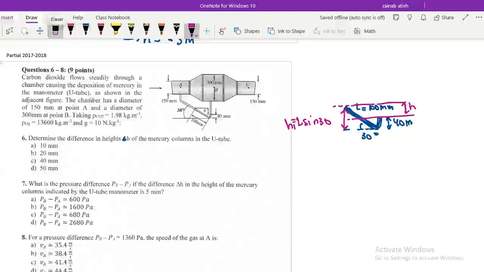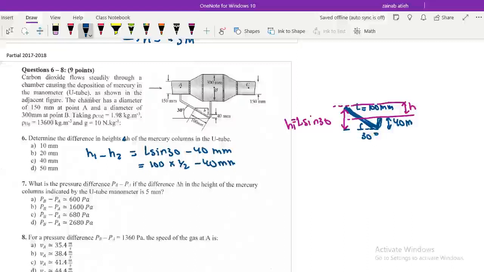So the difference in heights, I will write here, it's H1 minus H2. It's equal to L sine 30 minus, I can keep everything in millimeter, minus 40 millimeter. So L was 100 times half minus 40 millimeter. You will get 10 millimeter. So the answer is 10.